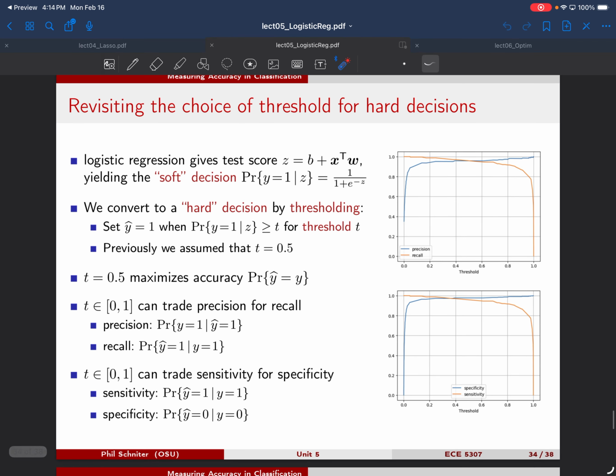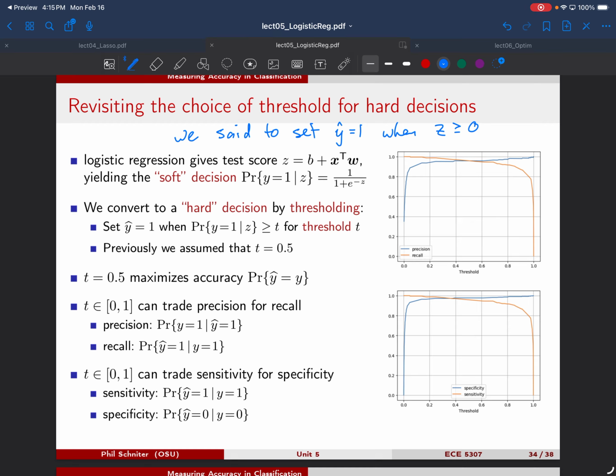Okay, so now we're going to switch gears a little bit and think back to how we formulated linear classification. We said it was a two-step procedure where we first compute a score z, and then we threshold that score. So you set y hat equals 1 when z is greater or equal to 0, right?